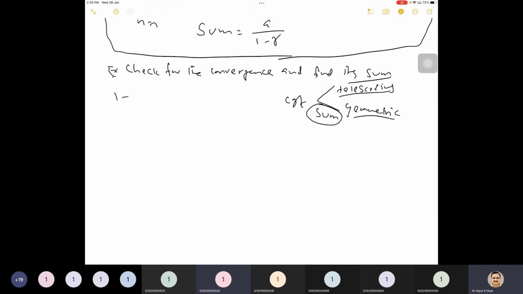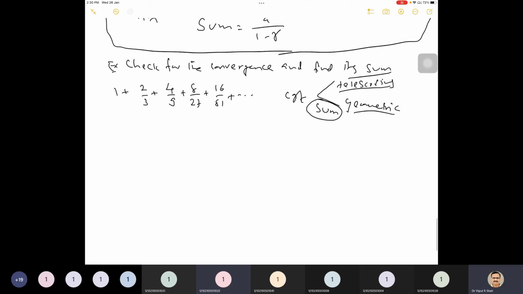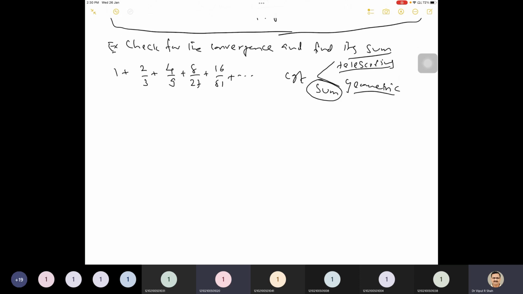So the series is like this. First of all, we need to check whether this is a geometric series or not. A geometric series has the form a plus ar plus ar square and so on.